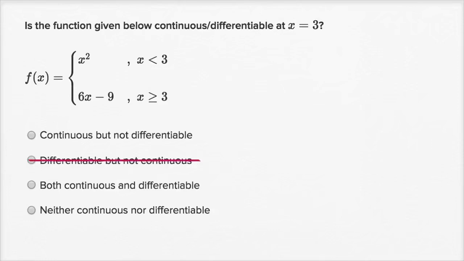And now let's think about continuity. Frankly, if it isn't continuous, then it's not going to be differentiable. In order to be continuous, f of 3 needs to be equal to the limit of f of x as x approaches 3.